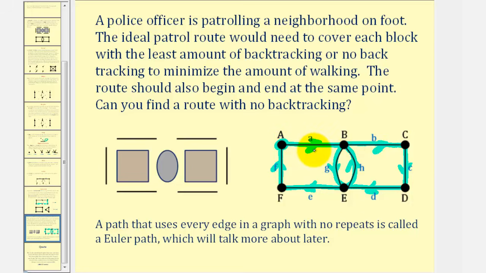Therefore, we did minimize the amount of walking the police officer had to do. In fact, the police officer had no backtracking. This is actually a special type of path that we'll talk about more later. A path that uses every edge in a graph with no repeats is called an Euler path. I hope you found this introduction helpful.